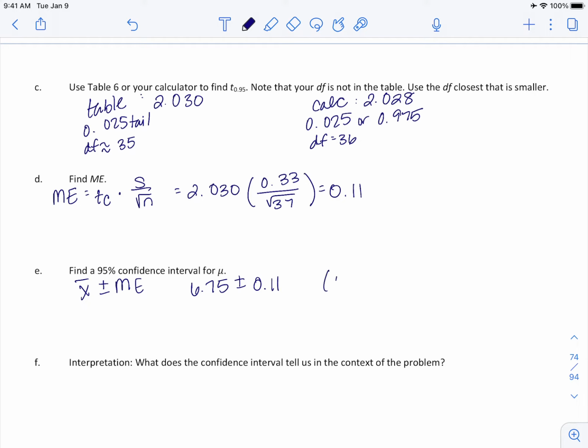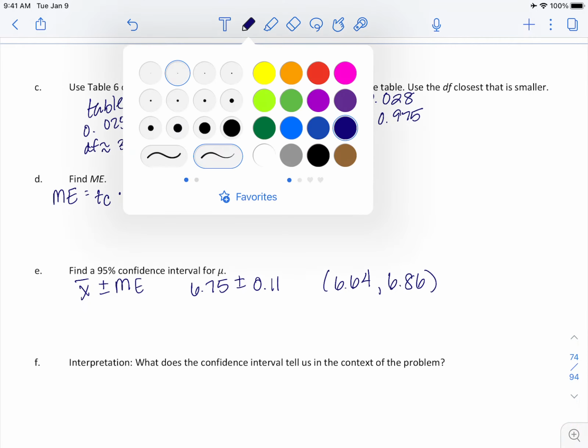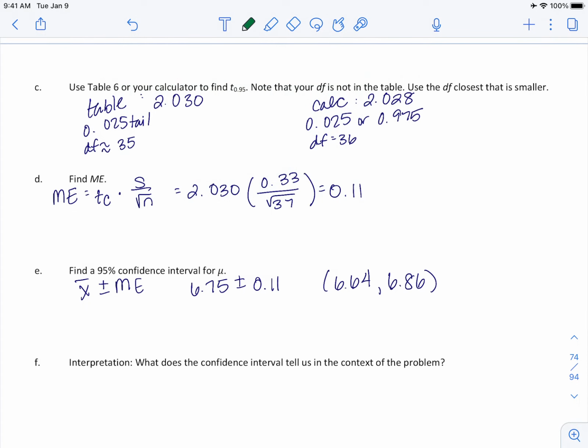So this comes out to give us 6.64 to 6.86. We can also do this in the calculator. So if we do t interval in the calculator, we'll come out with 6.64 to 6.86 as well.